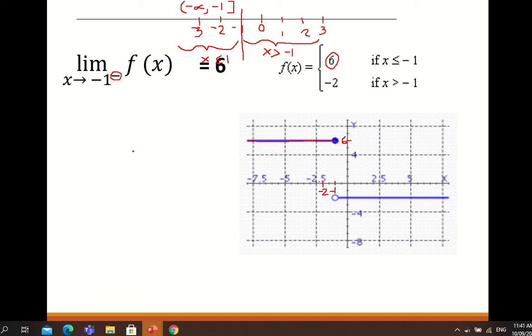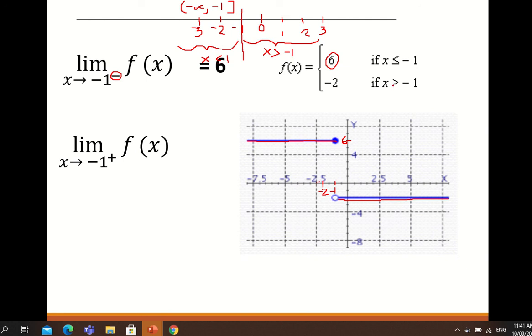How about the limit of the function as x approaches -1 from the right? It means we have to consider this graph. We are tracing this curve from the right towards the value -1.